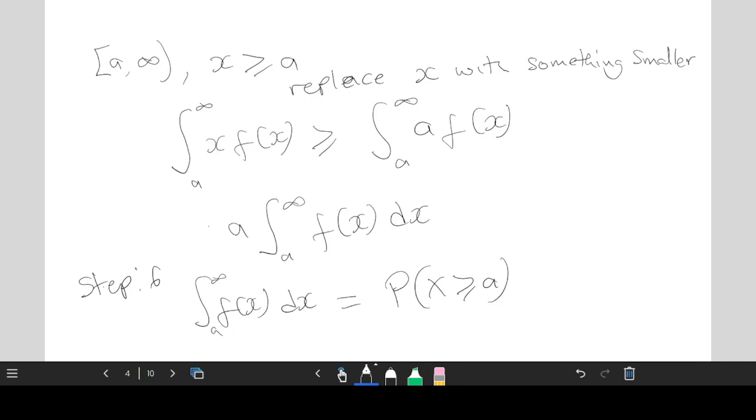So let's put everything together in step 7.